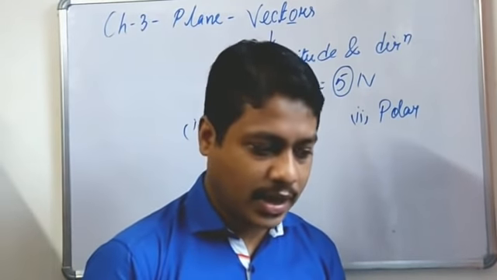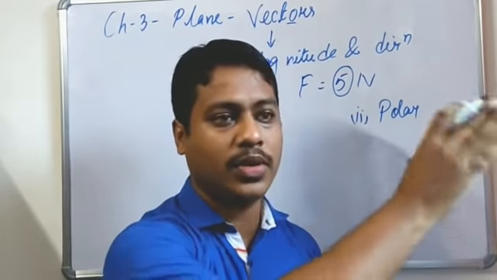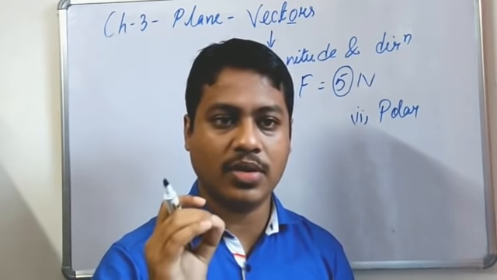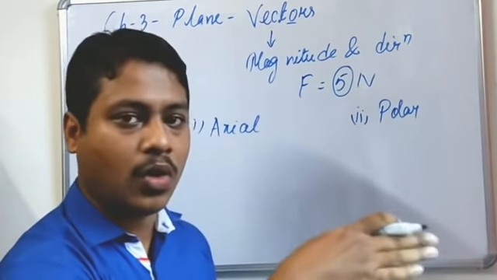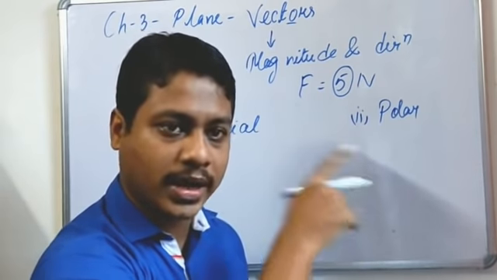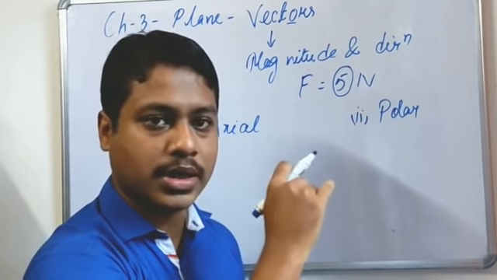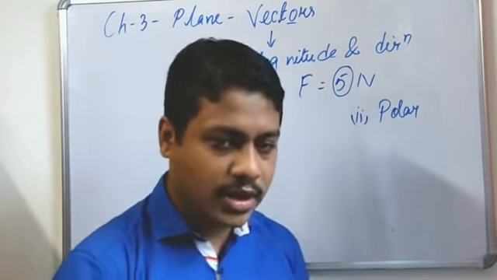A polar vector is a vector in which, suppose you are moving towards the right hand side, and consider a vector quantity like velocity: in whichever direction you are moving, obviously your velocity will also be directed that way. Clear? Similarly, you can consider displacement and acceleration.